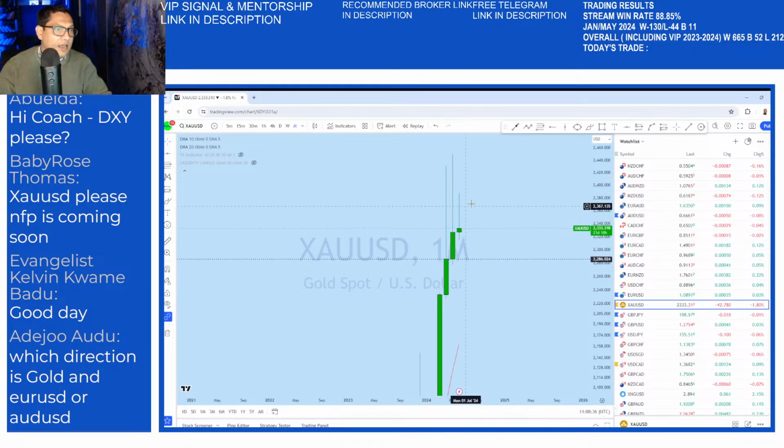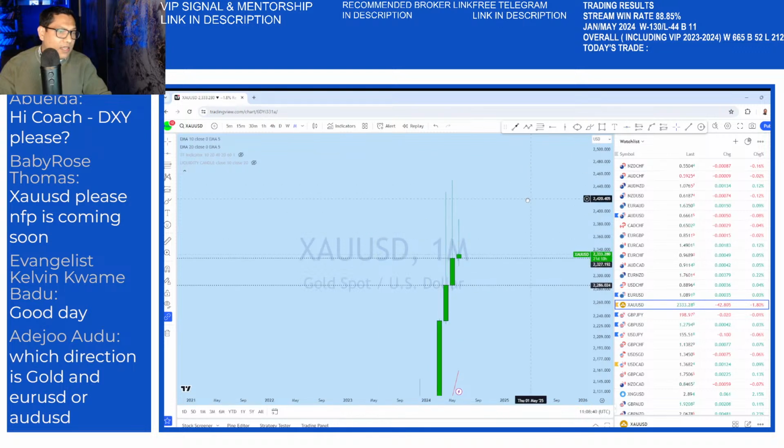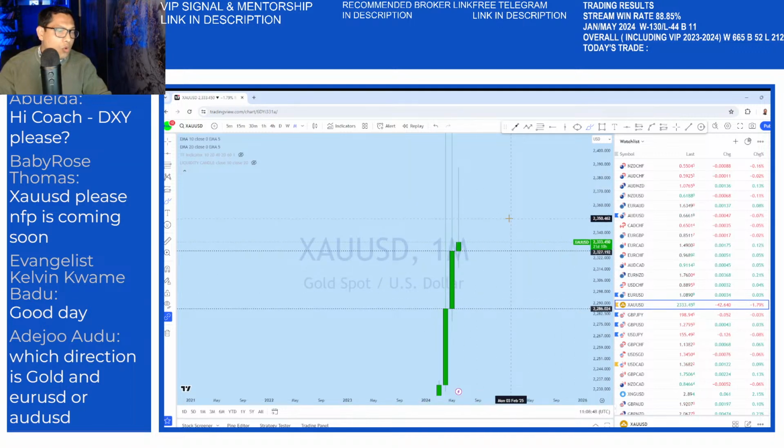Now we saw that with the market open from the monthly, gold has got a bounce here, and with this bounce has come back to the support and we are expecting the price to move up again.